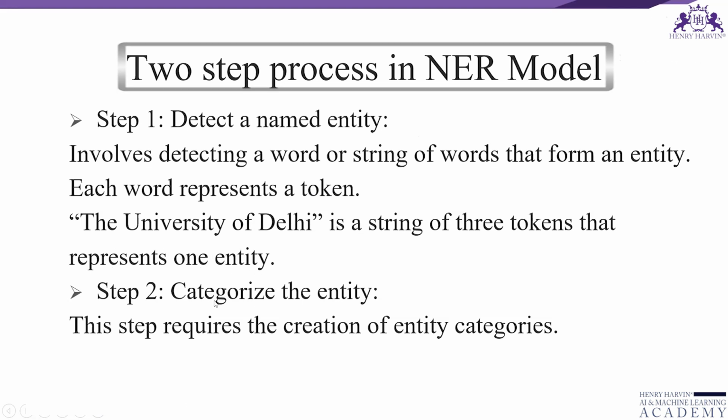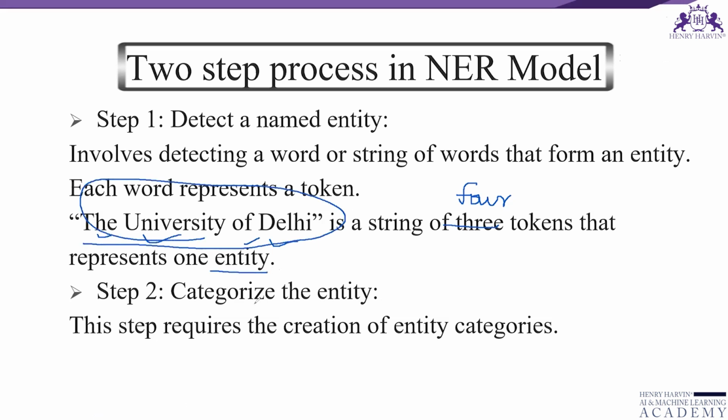Fine. The second step is to categorize the entity. Here, what I try to say is it is not three tokens, it is four tokens, the University of Delhi. So these all represent one entity. The second step is to categorize the entity.